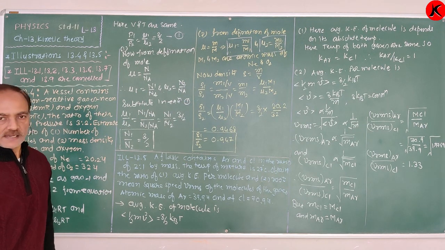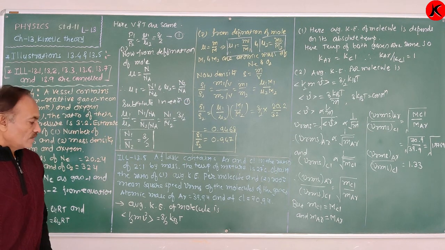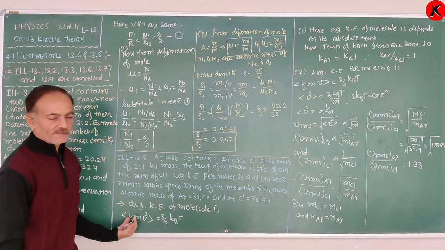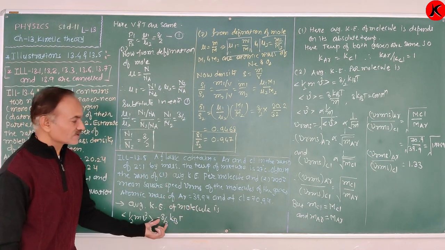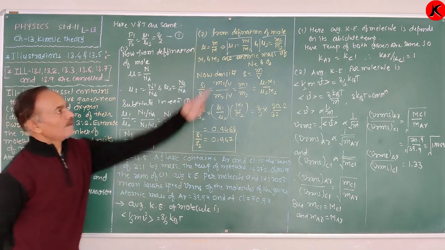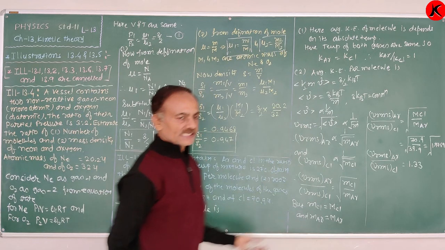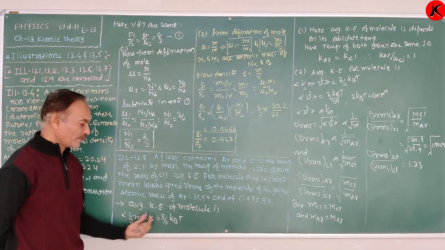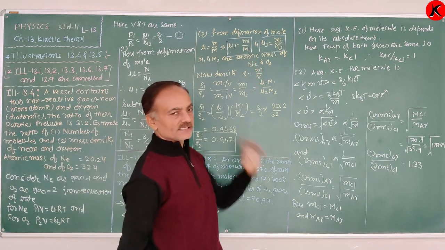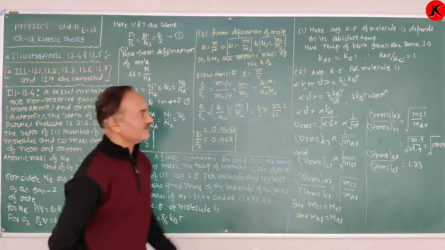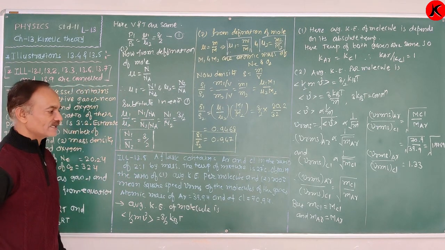Very easy numerical. So the translational kinetic energy of molecule of a gas is half m v square, which is equal to 3/2 kBT. Here, the kinetic energy of molecule is directly proportional to its absolute temperature. But here the temperature of both gases, argon and fluorine, are given the same, that means 27 degrees centigrade.